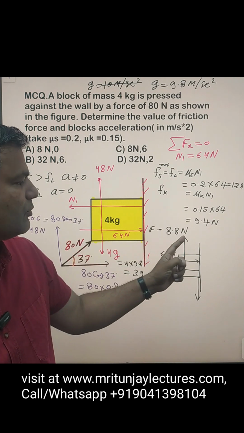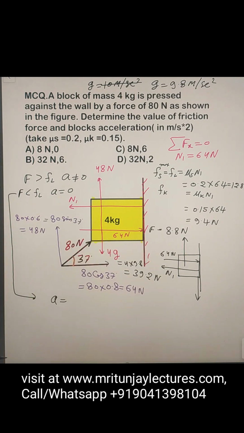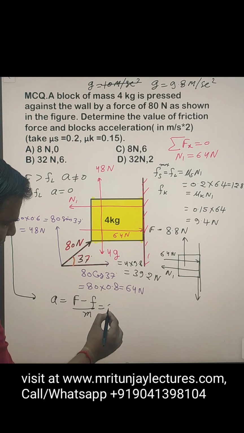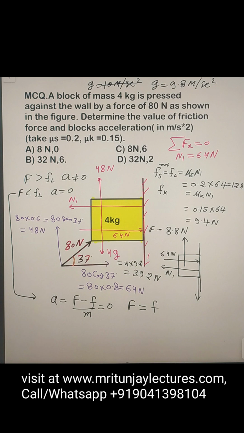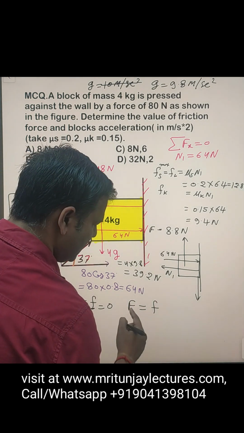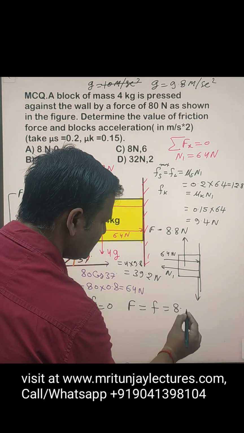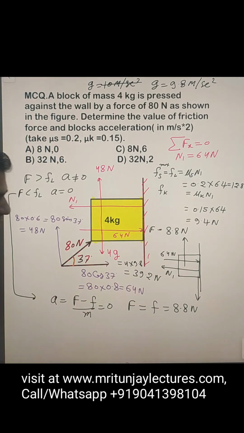The applied force is 8.8. So F minus frictional force, divided by mass, is 0. So F equals small f. It means the frictional force is 8.8 Newton. Okay, clear?